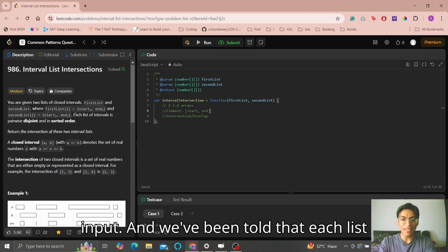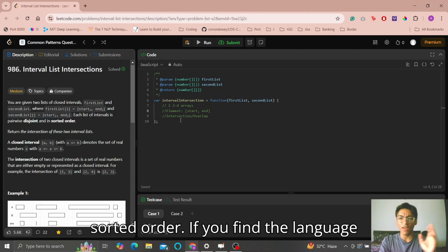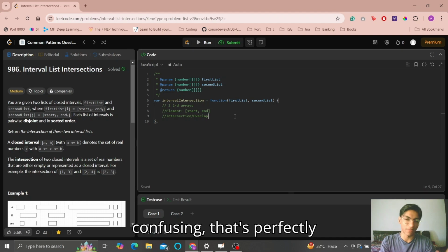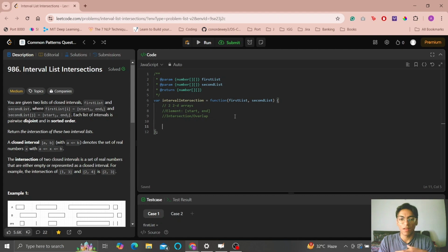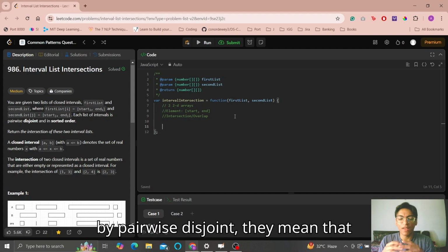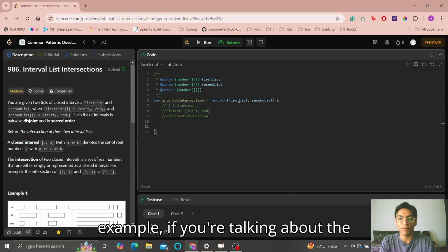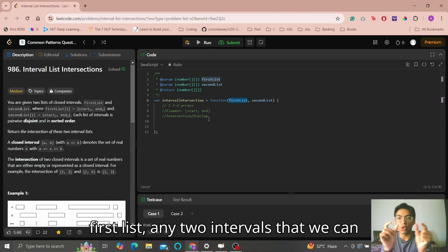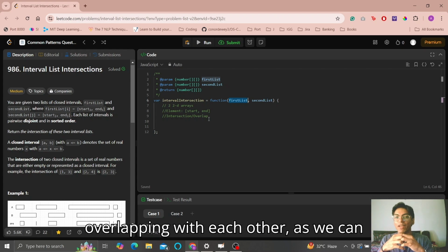And we've been told that each list of intervals is pairwise disjoint and in sorted order. If you find the language confusing, that's perfectly fine. What they simply mean by pairwise disjoint is that any two intervals within a list, for example the first list, will not be overlapping with each other.